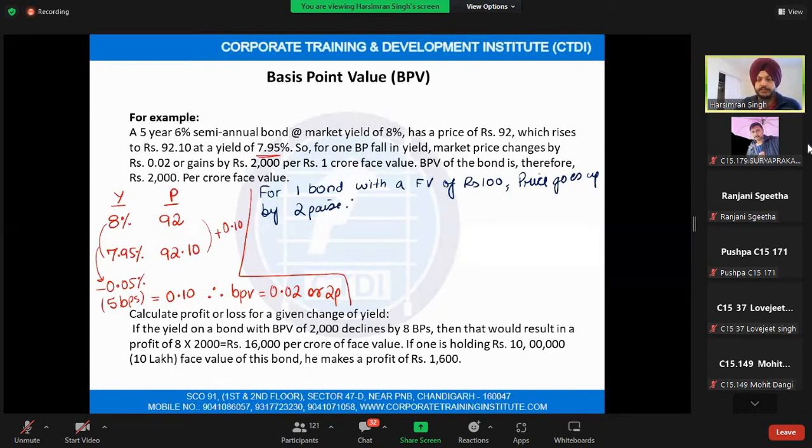Yes or no? Yes sir. Because the face value of this bond is how much? 100. So on a 100 rupee bond, if the bank has invested 100 rupees in the bond, the movement in their portfolio will be 2 paisa?